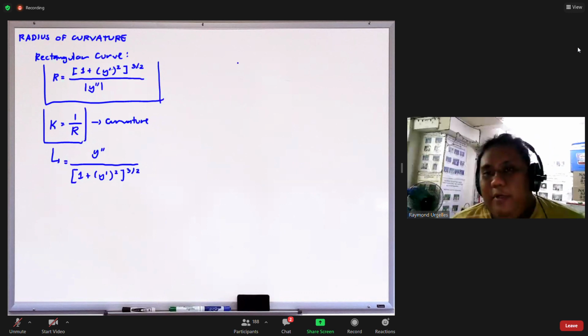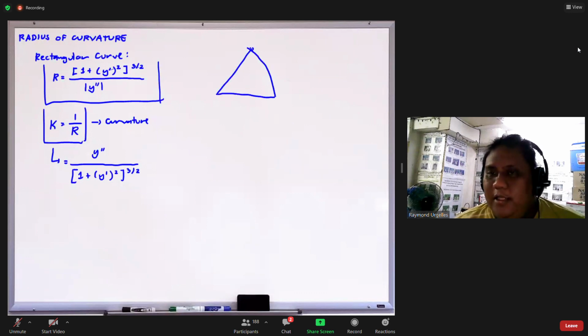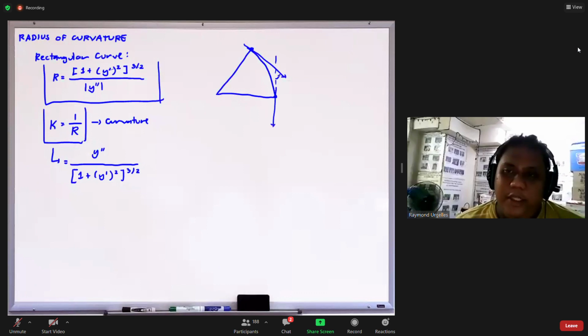So basically kung sa circle, let's say we consider a circle. From this point, which is in this direction, papunta sa point na to, which is in this direction, makikita natin that we have a change in direction equivalent to this theta.